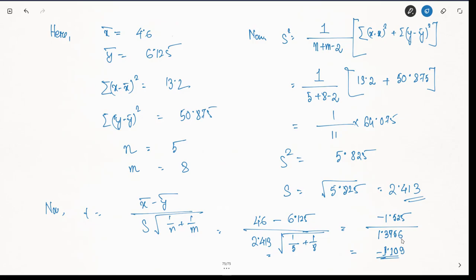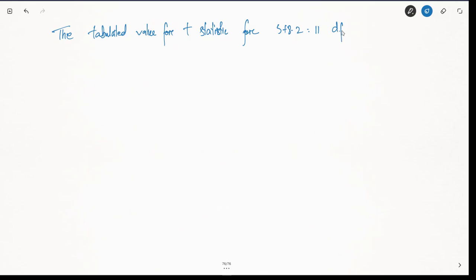Now we have to compare it with the tabulated value, right? So I will write the tabulated value for the t statistic for how many degrees of freedom? 5 plus 8 minus 2 equal to 11 degrees of freedom.